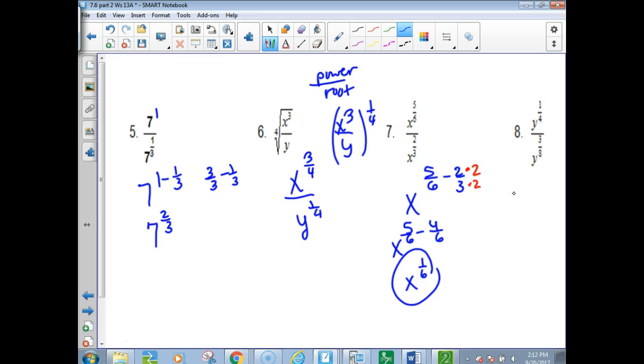And then this one, number 8, y to the 1/4, subtract from that 3/8. I need to get my terms in common denominators, so I have to multiply by 2 top and bottom on my 1/4. I got y to the 2/8 then minus 3/8, which gives me y to the negative 1/8. I can't leave my exponent negative, so this is 1 over y to the 1/8.